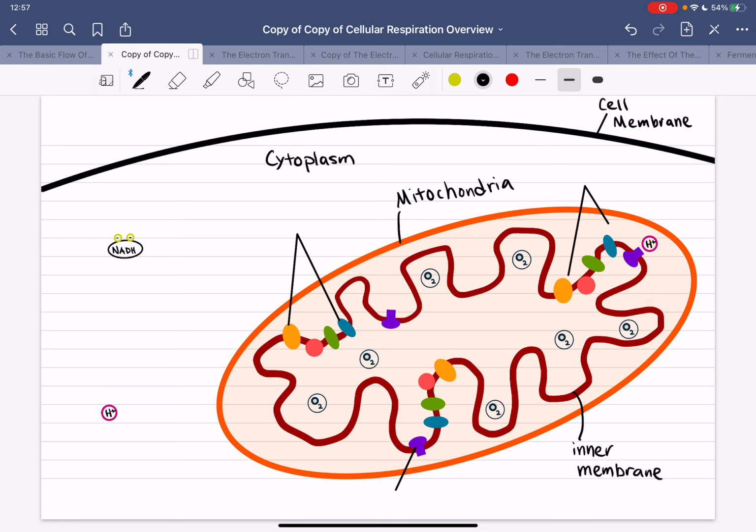Remember, it has two membranes, one here depicted in orange, and a second one depicted in red. In between the two membranes, we have the intermembrane space. And then finally, we have the compartment that is inside the inner membrane, and that's called the matrix.